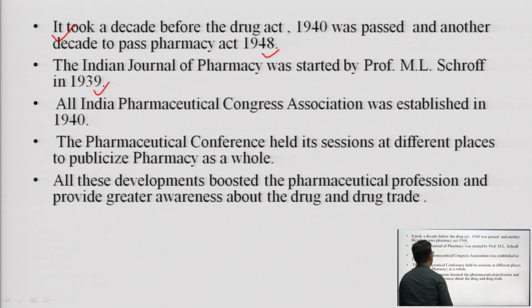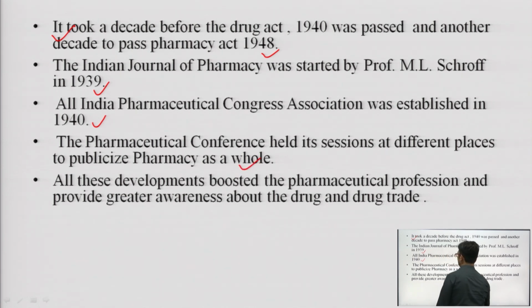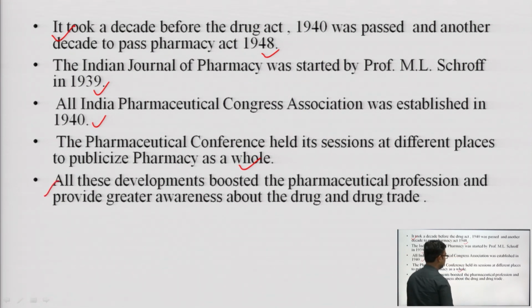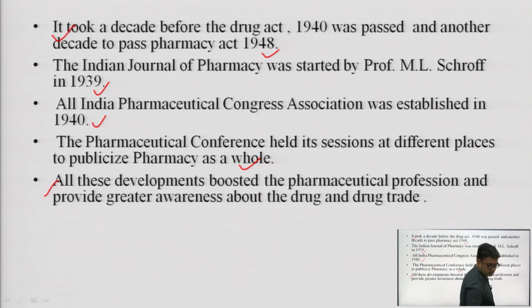All India Pharmaceutical Congress Association was established in 1940. The Pharmaceutical Conference held its sessions at different places to publicize pharmacy as a whole. All these developments boosted the pharmaceutical profession and provide greater awareness about the drugs and drugs trade.